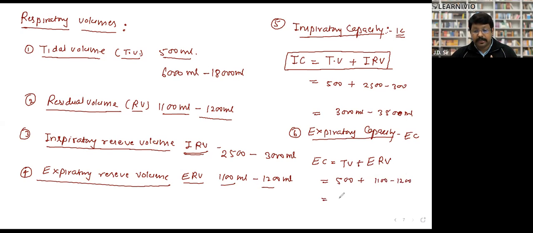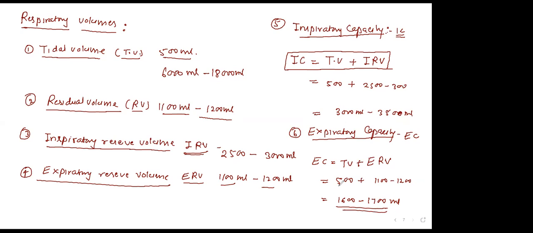So EC will be 1600 to 1700 ml. Is it correct? Clear? Note it down.